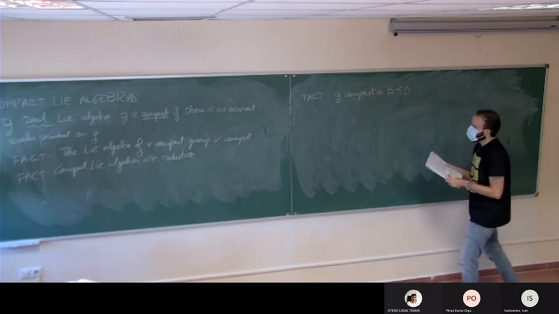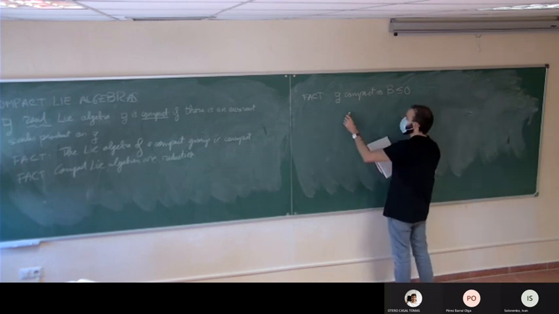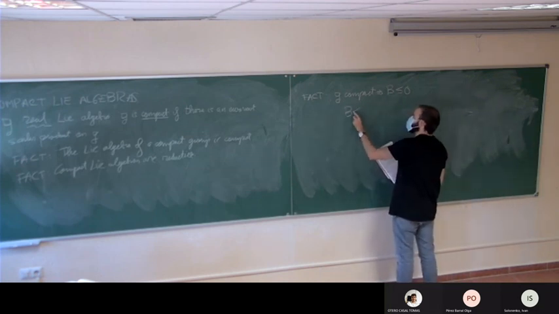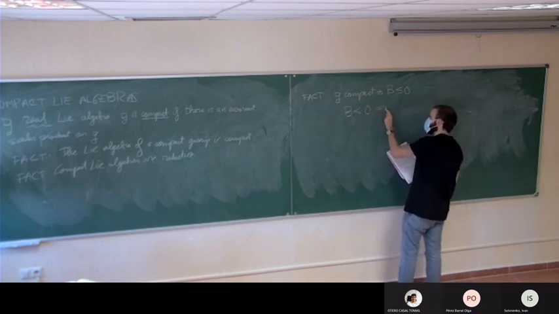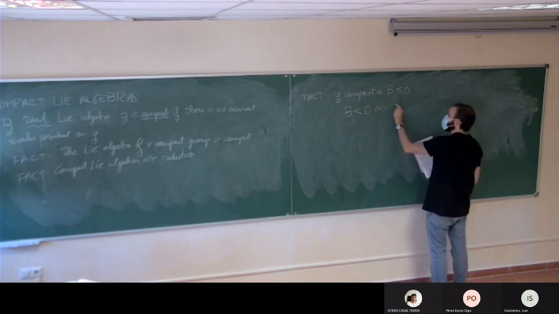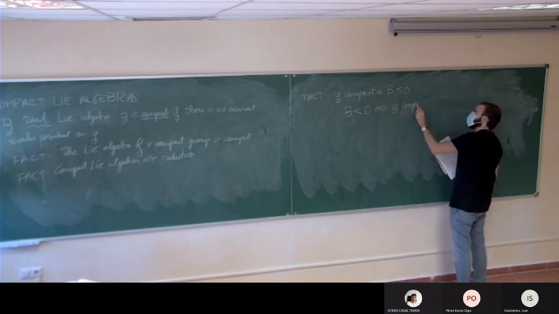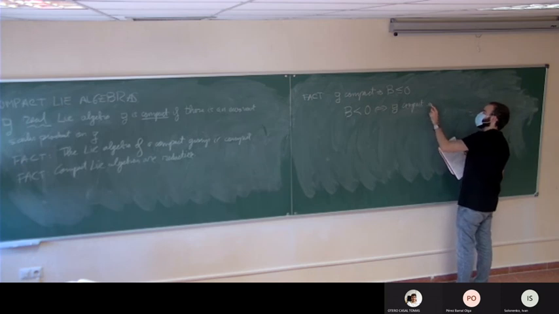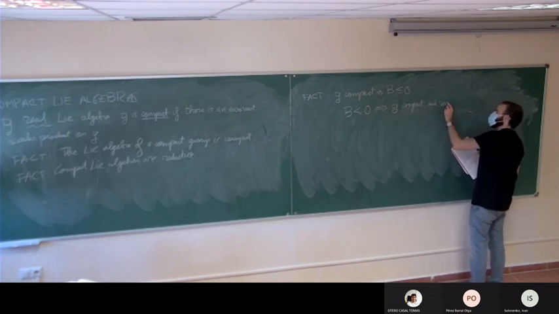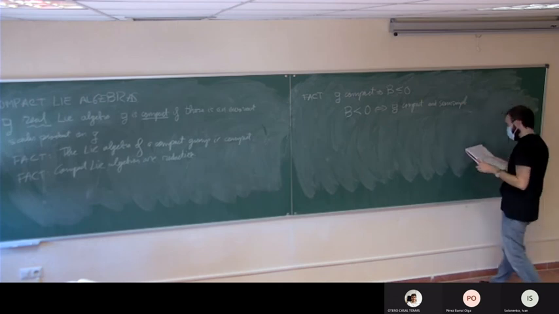Okay? And more than that, B is negative definite only if G is compact and semi-simple.